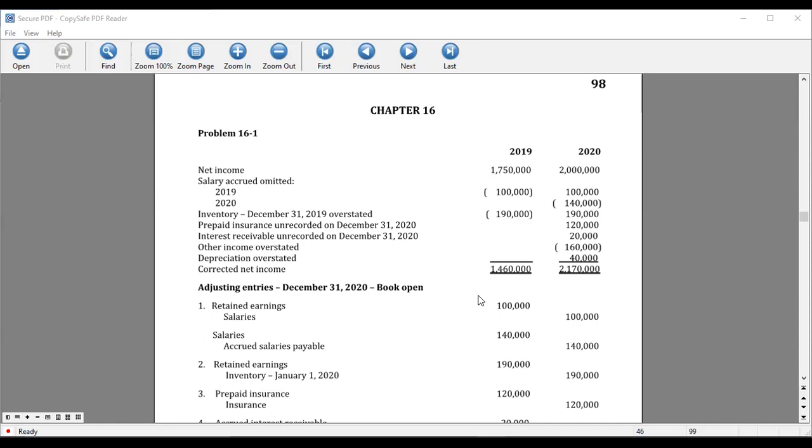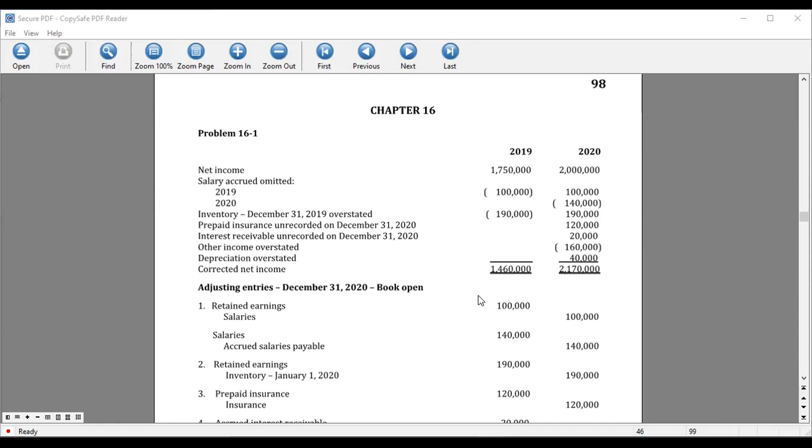Next, prepaid insurance unrecorded on December 31, 2020, meaning all amounts for insurance payments were charged to insurance expense. So if insurance expense was overstated, net income was understated.